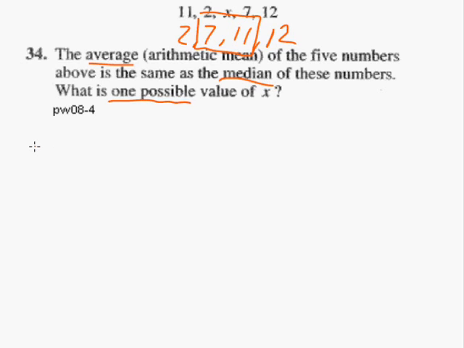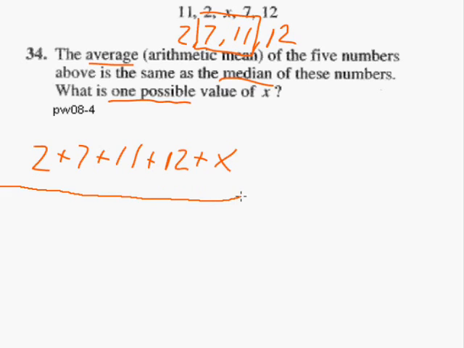So that would mean that the average of those is also going to be equal to 7. So 2, and what's average? Average is sum: 2 plus 7 plus 11 plus 12 plus x, sum divided by number of numbers, divided by 5, and we know that equals 7.